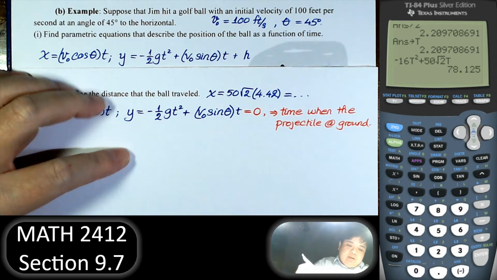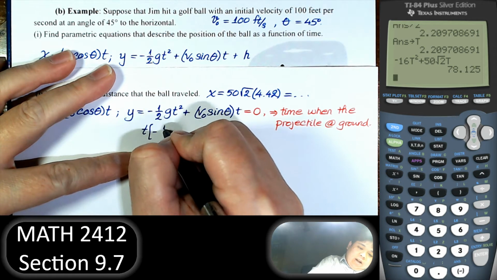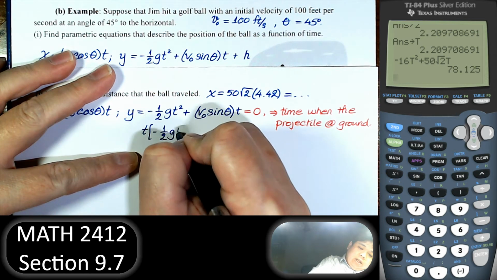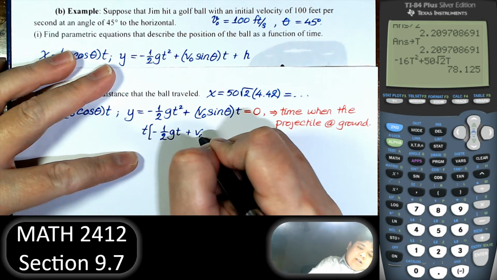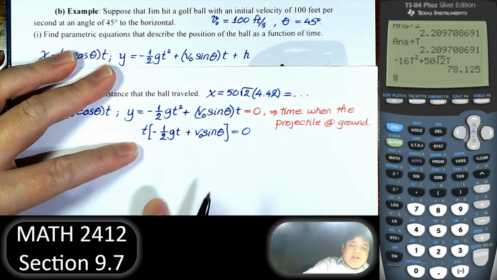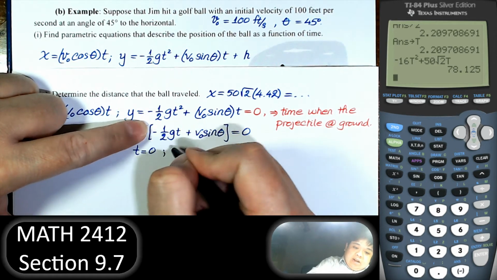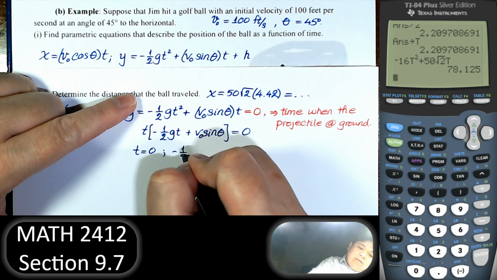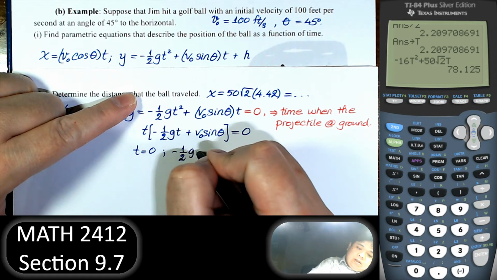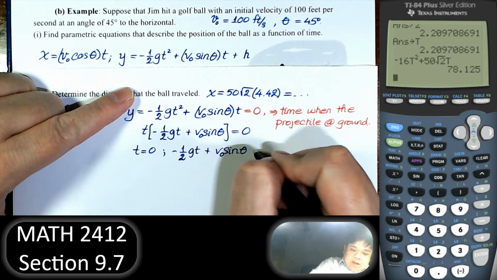So I just factor out the t: t times negative 1/2 g t plus v naught sine theta equals 0. So it's easy, t equals 0. That part is easy. The other part is negative 1/2 g t plus v naught sine theta equals 0.